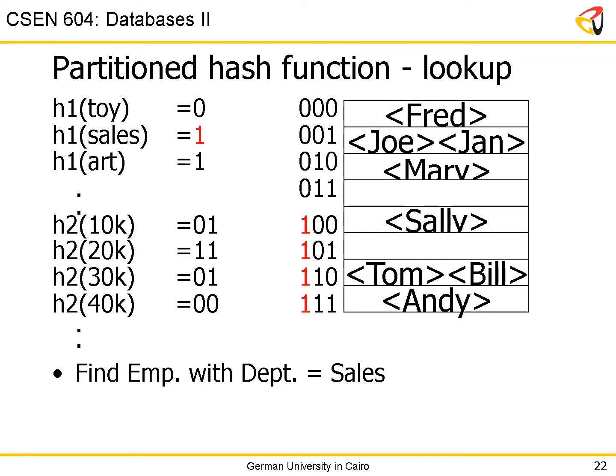So you don't know which of these guys, Sally, Tom, Bill, and Andy, are in sales and which is in art, unless you actually do a linear scan of just these cells or these rows in the table or these employees to figure out what is their department. And this is again to clarify the idea that we're going to look up there for our actual result set.